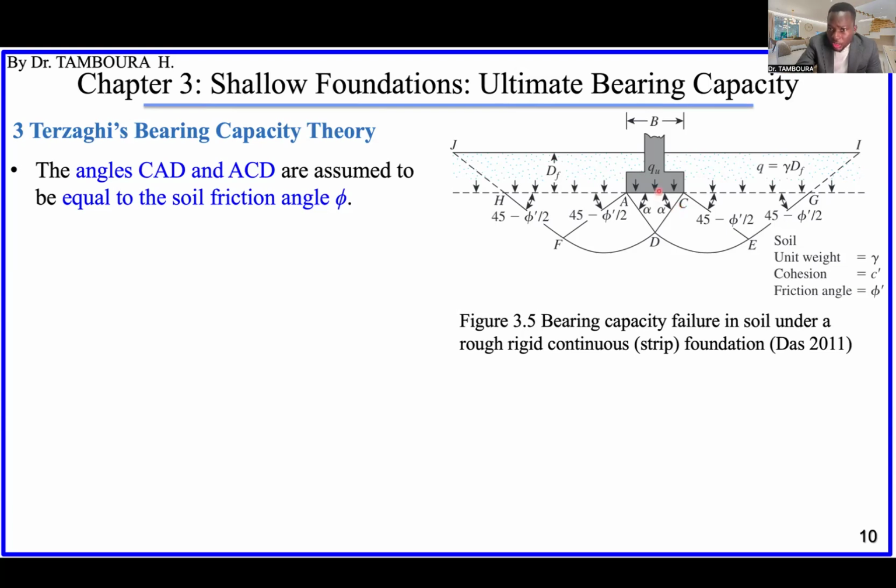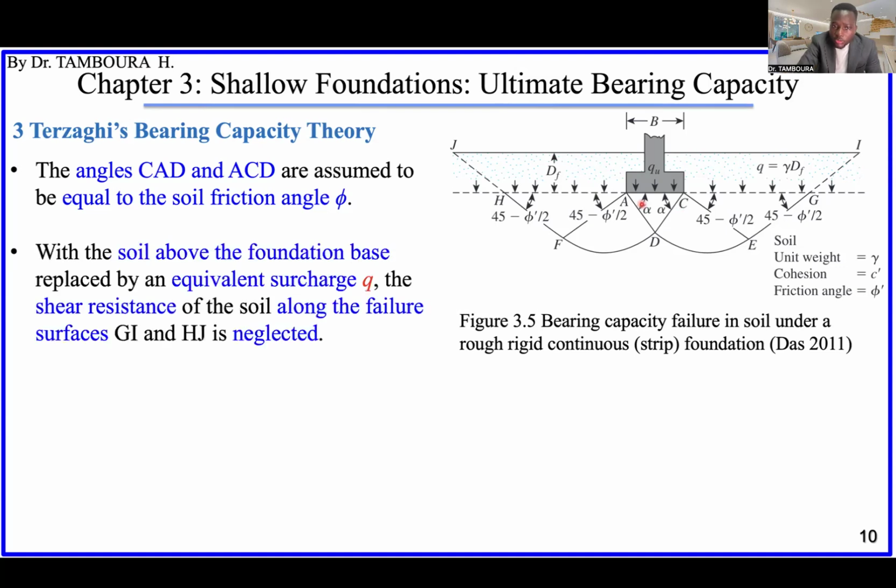Okay. So this alpha is equivalent to phi, the friction angle of the soil. And the soil above the base is replaced by the surcharge. This one, we explained this already.